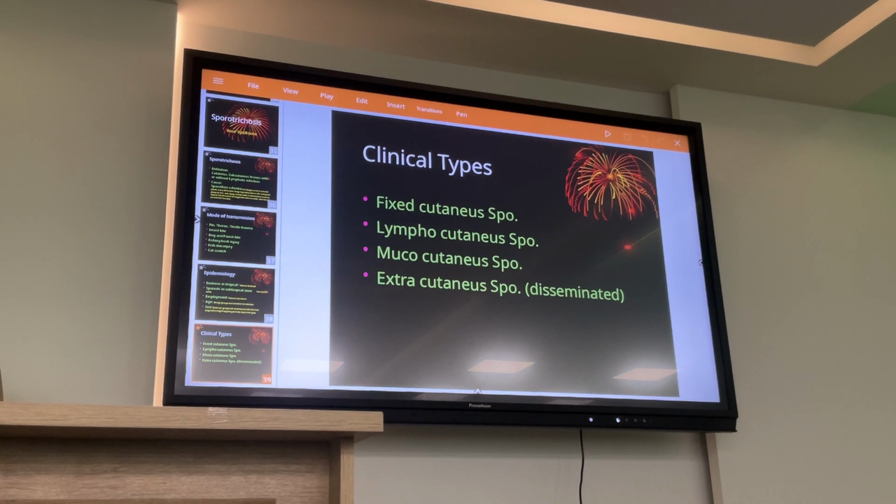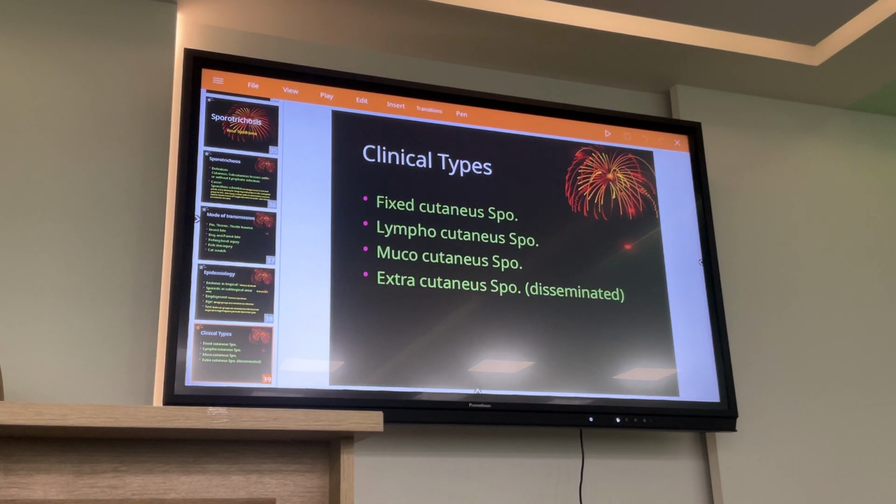What do you think is the difference between fixed cutaneous and lymphocutaneous? In the lymph it transfers from the skin to another organ by lymph node. Yes, this is the correct answer.